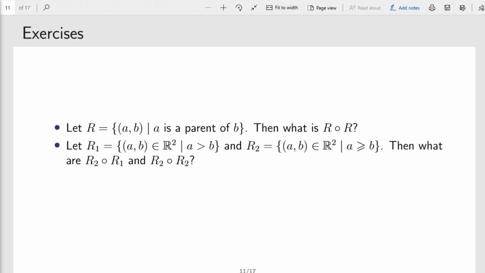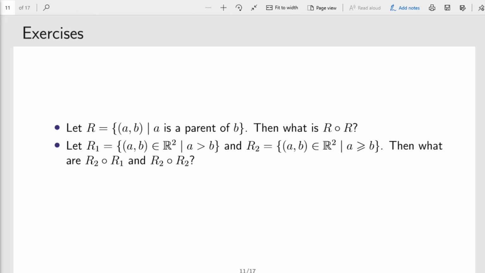And then the second question is you have R1 to be a set of pairs (A, B) of real numbers such that A is greater than B, and R2 is the set of pairs of real numbers such that A is greater than or equal to B. And the question is, what is the composition of R1 and R2 and the composition of R2 and R2 itself?